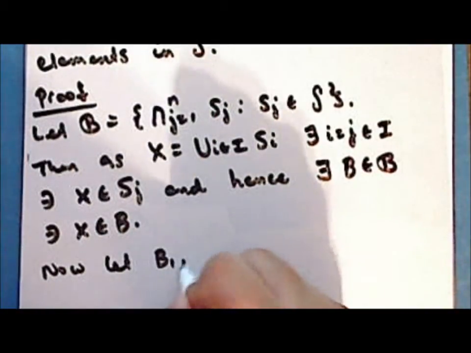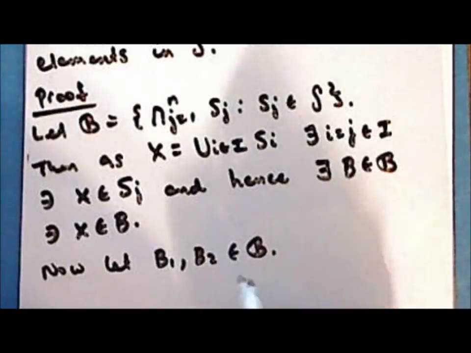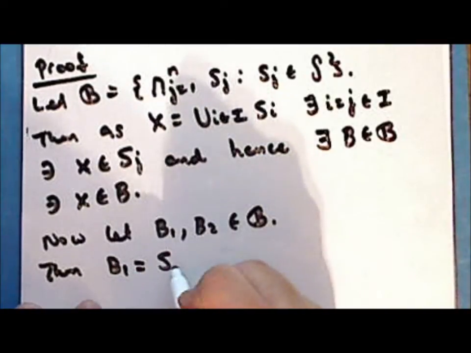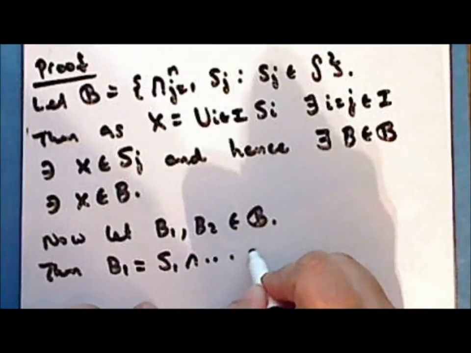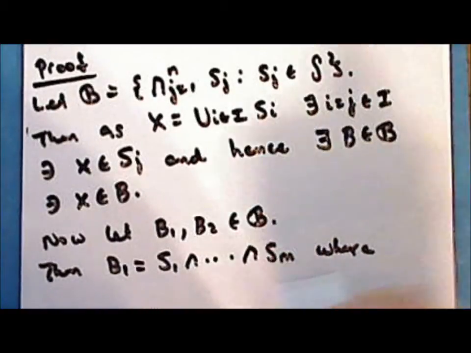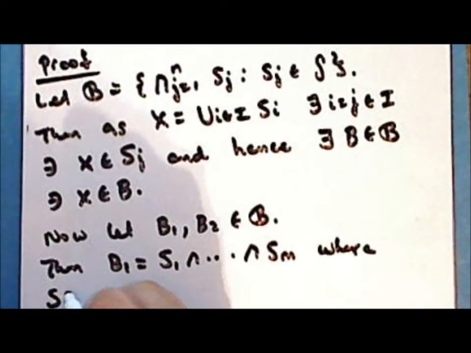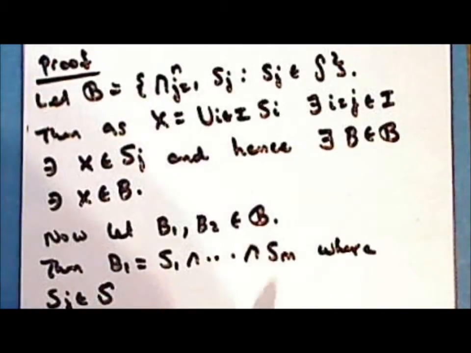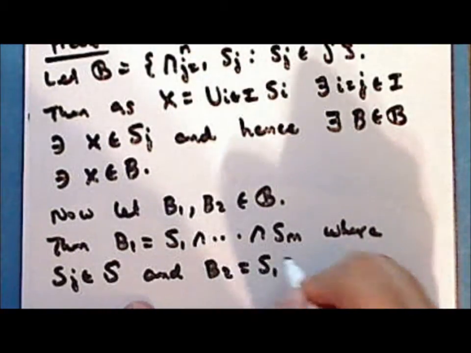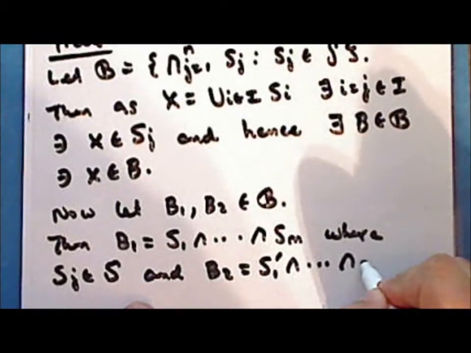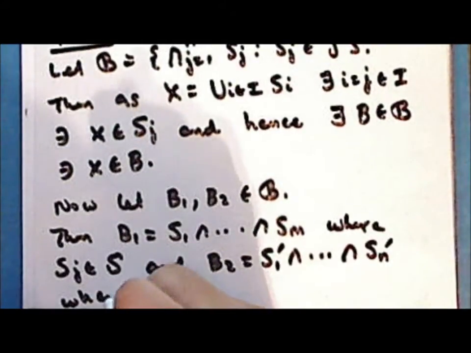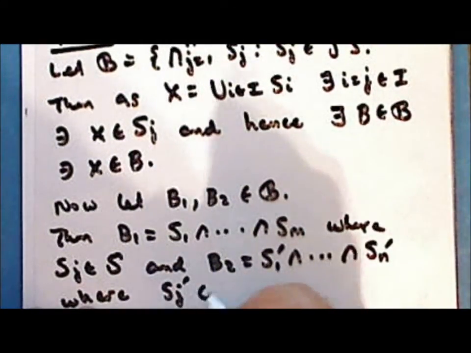Now let B sub 1 and B sub 2 be two elements in the collection script B. Then B sub 1 is a finite intersection of elements in the collection script S, and B sub 2 is also a finite intersection of elements in the collection script S.